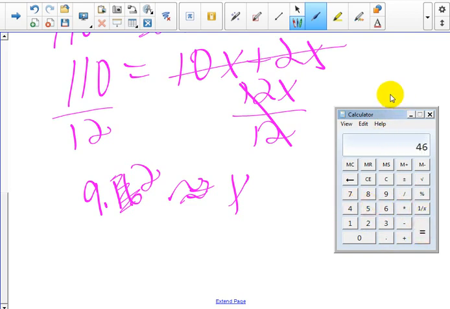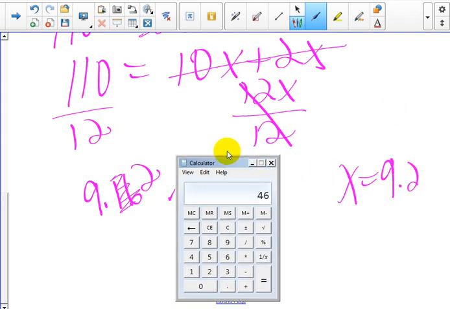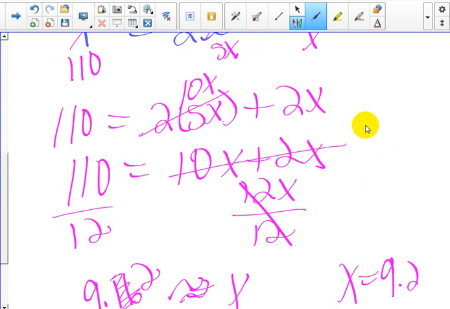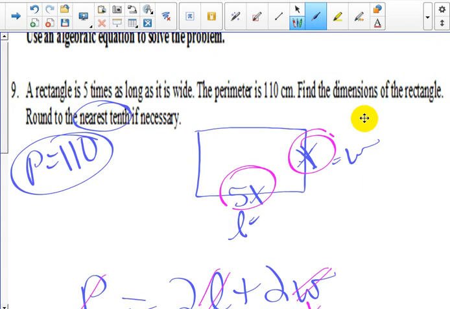And we get 46 centimeters. So the width is 9.2, and the length is 46.